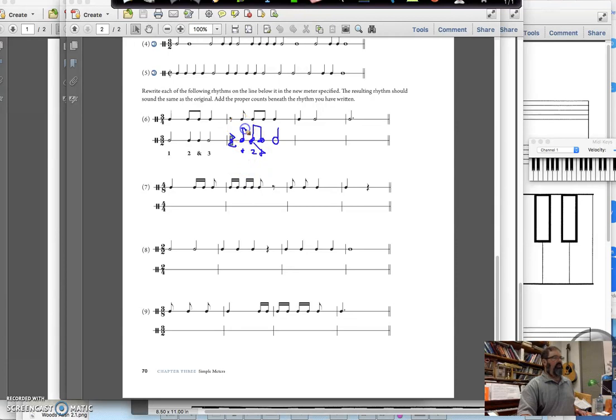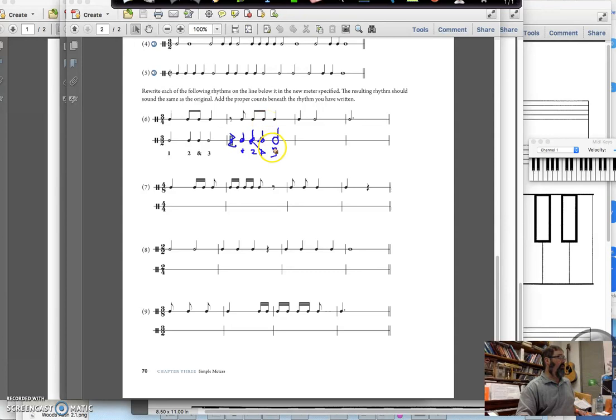Oh, that's an eighth. No, it isn't. Wait a minute. You know what? I made a mistake. Actually, we do not need the flags or the beams. These need to stay quarter notes to be half beat notes when you're in 3/2. It wasn't confusing enough. And what's crazy is this does sound exactly the same as this.